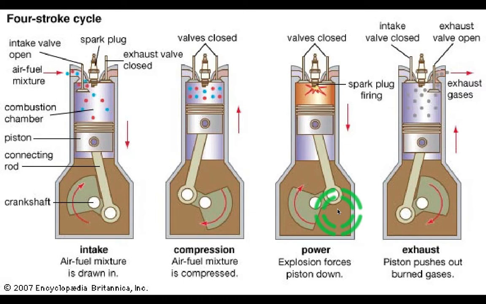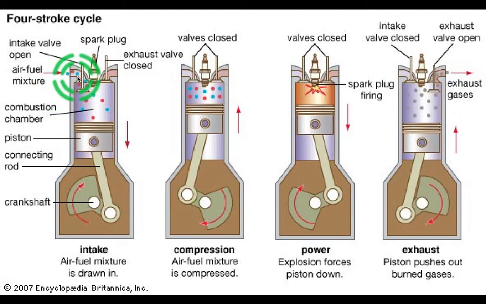When it goes down, the momentum again wants to push it up. So then we transfer to the exhaust stroke, where the exhaust valve has opened now, and your piston is going up and all the exhaust gas is thrown out of the cylinder, making room for some clean, fresh air.